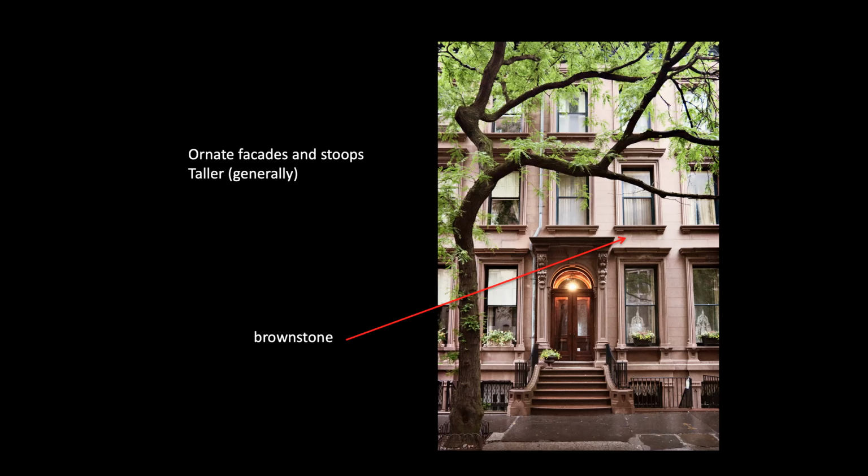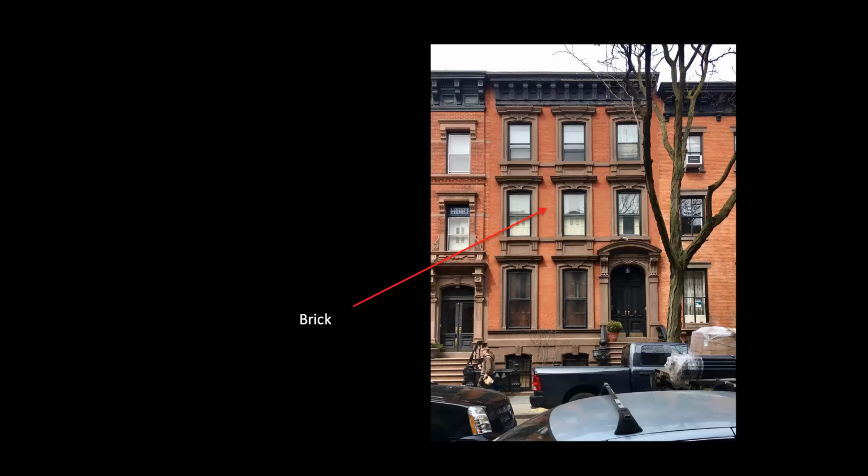And the row houses start to get taller because the floor to ceiling heights start to get taller. And they often have an extra story. So instead of being 2 or 3 stories, they're now 4 and 5 stories. You can see here that they weren't always brownstone. A lot of times they were made out of brick.